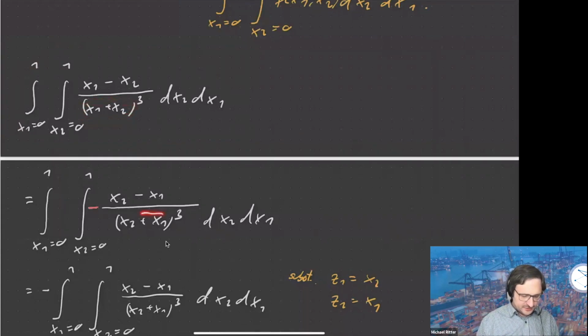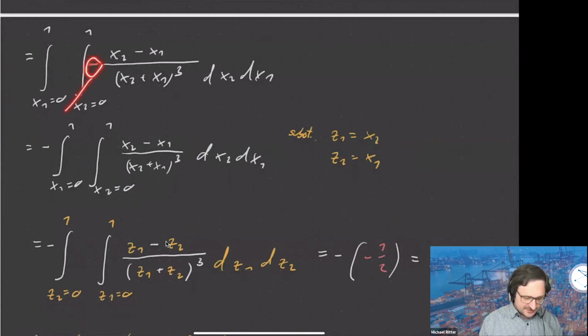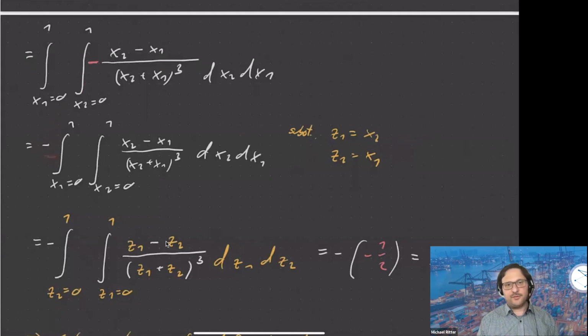So I can freely exchange the order in this plus part here. If I want to exchange the order of x1 and x2 here, then I have to factor out a minus. So that's the same as this expression here. That's where this minus comes from. And then I'm just taking that minus out of the integral, and that's what I have here in front of the integral.